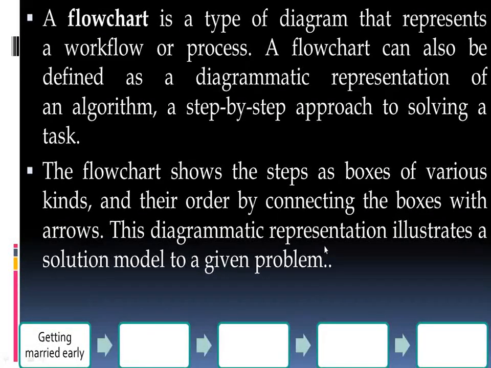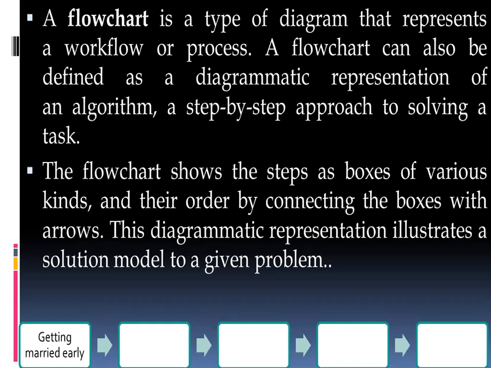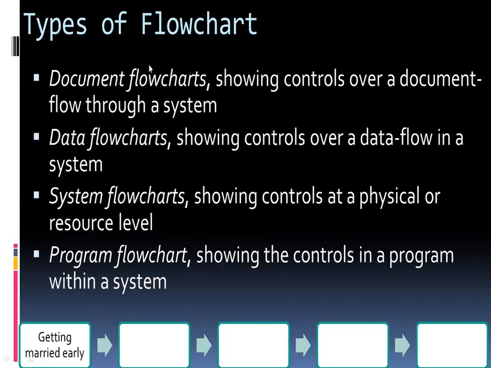Now, what is a flowchart? A flowchart is a type of diagram that represents a workflow or process. A flowchart can also be defined as a diagrammatic representation of an algorithm, a step-by-step approach to solving a task. The flowchart shows the steps as boxes of various kinds and their order by connecting the boxes with arrows.